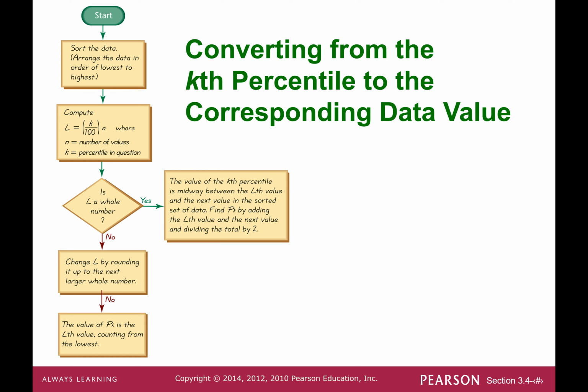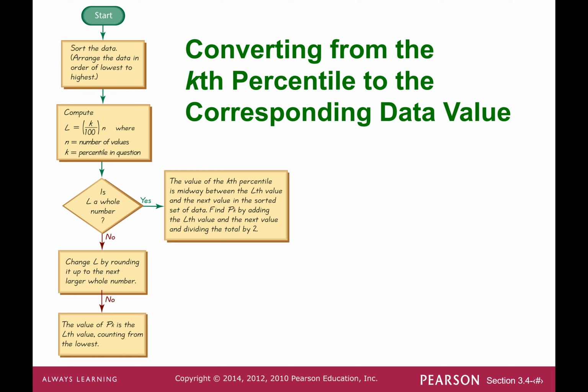Once you have the locator, first of all, we sort the data, arranging it in increasing order. Then we use the locator formula to calculate the locator, n times k over 100.